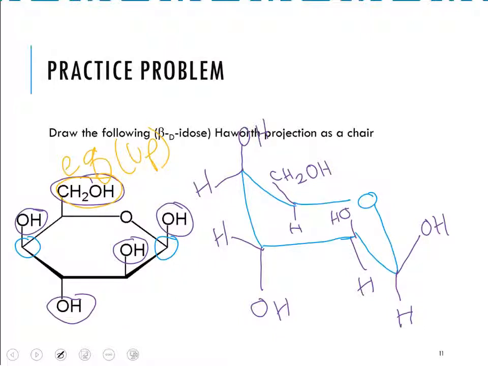So as we go around the ring, up, up, up, up, and then we had that one that was pointing down, we can use that as we go around the ring. It definitely takes a little bit of practice, but really we're just following the trends that are already in that Haworth projection.